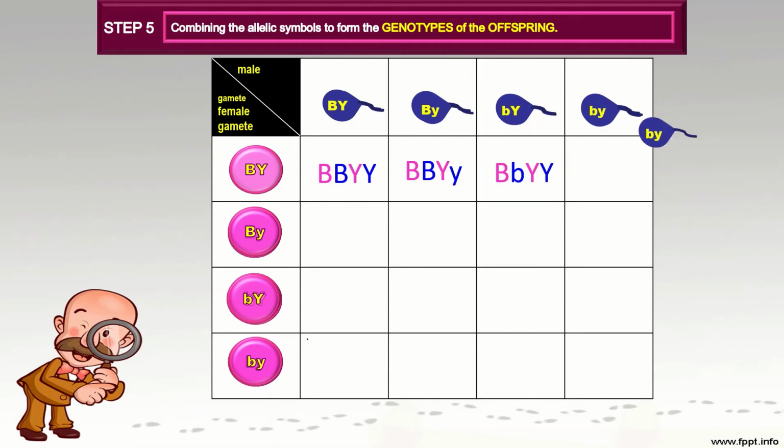There is also a chance that this sperm cell fertilizes the egg cell, and the possible genetic combination. Let's do the rest. It's the same idea. They are chances of which egg cell and sperm cell carrying the different allelic symbols signifying the traits are combined.